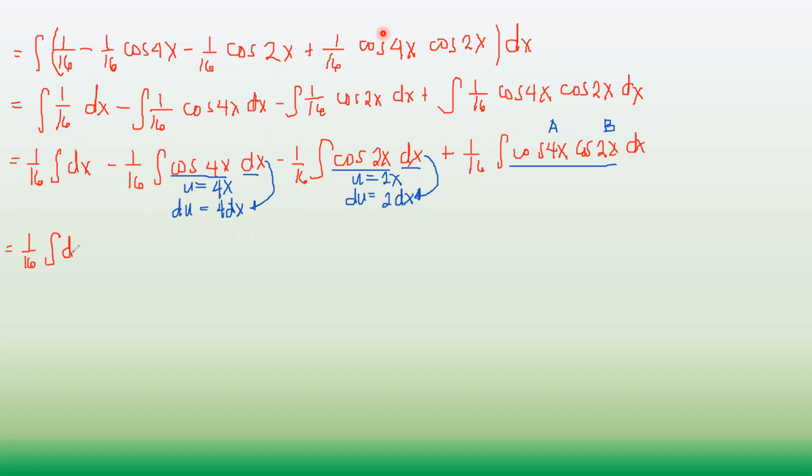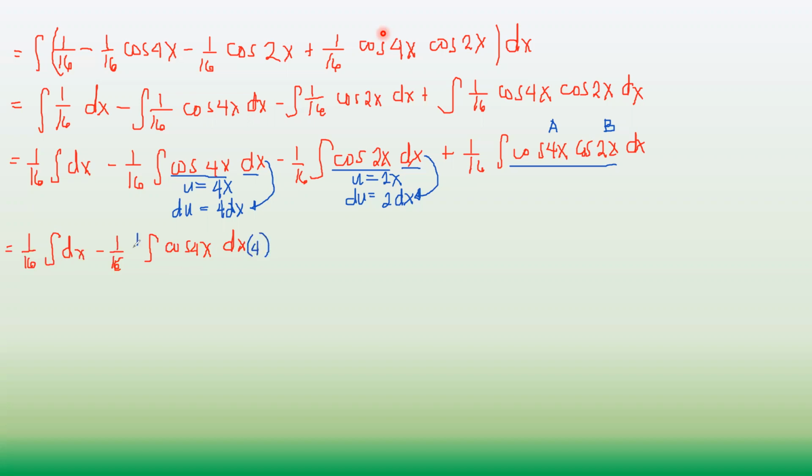So, we will have 1/16 integral of dx minus 1/16 integral of cosine 4x dx. Dapat siya ay 4dx, kaya multiply mo iyan by 4. So, times 4 natin.